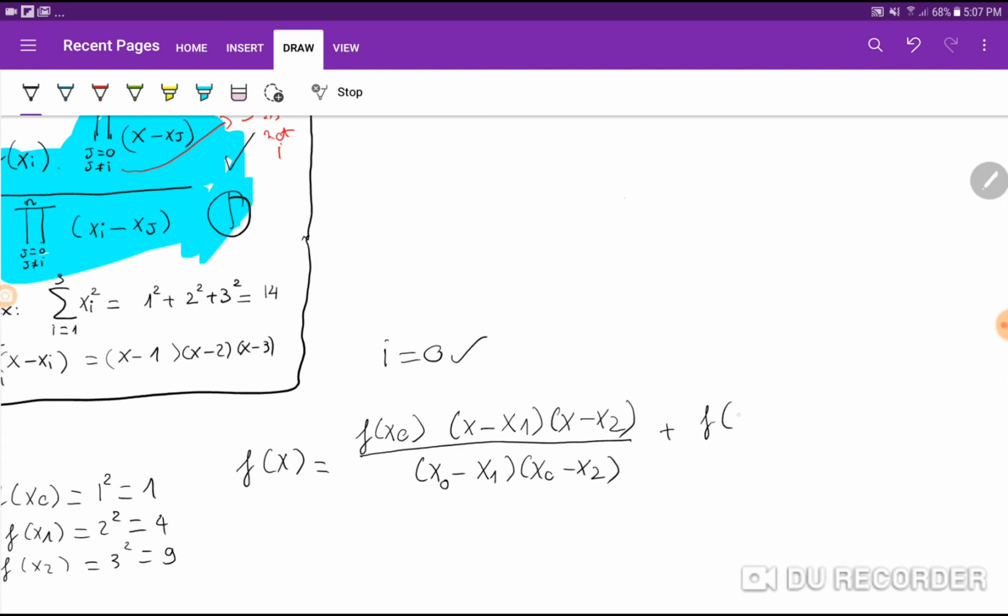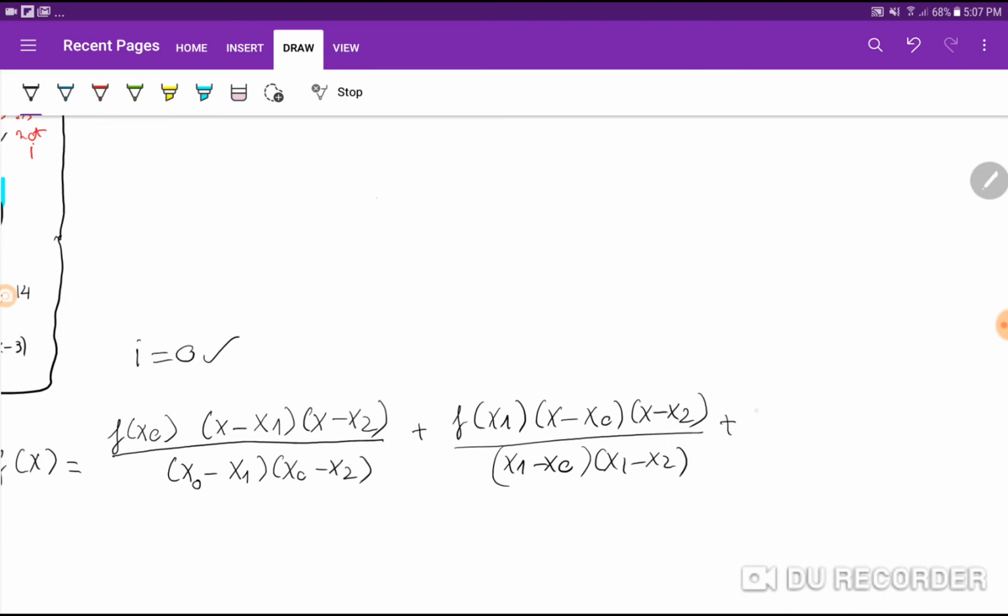You have f of x1 times x minus x0 times x minus x2 over x1 minus x0 times x1 minus x2, and then you add f of x2 times x minus x0 times x minus x1, and then the denominator will be x2 minus x0 times x2 minus x1.